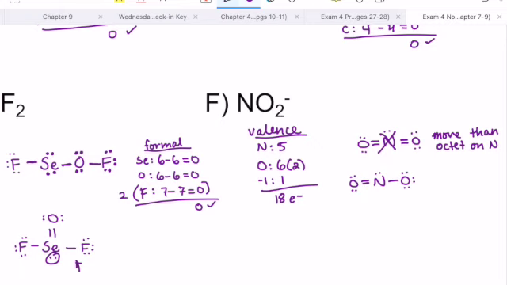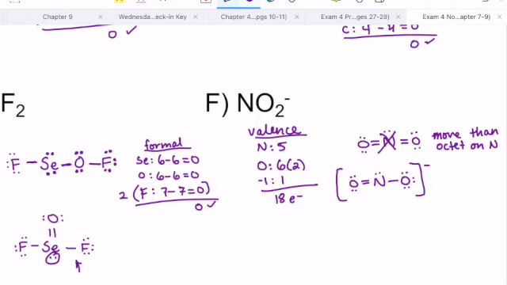It doesn't follow its pattern, but does it have an octet? Does it have 8 electrons? Yes, it does. Okay, also, when we draw ions, we have to include brackets and a charge to show that we're not lying about how many electrons we have. So when we draw our molecule, we have to draw brackets and the charge around it. All right? So we have octets, we have the right number of electrons.